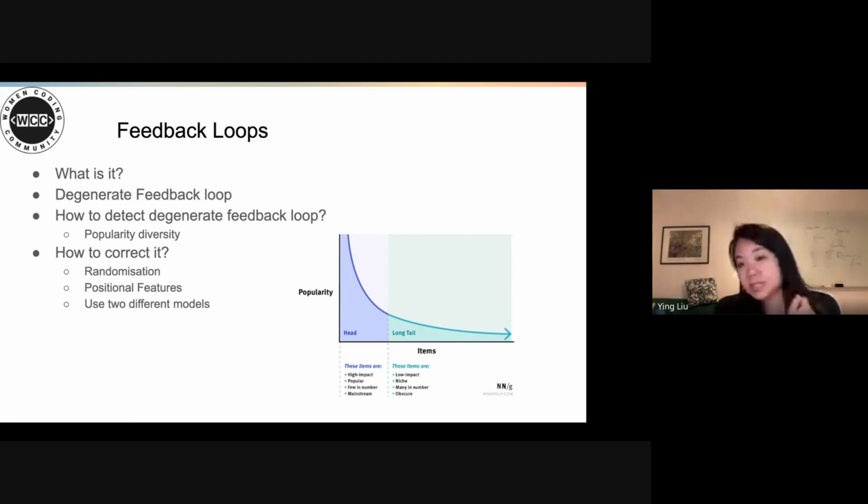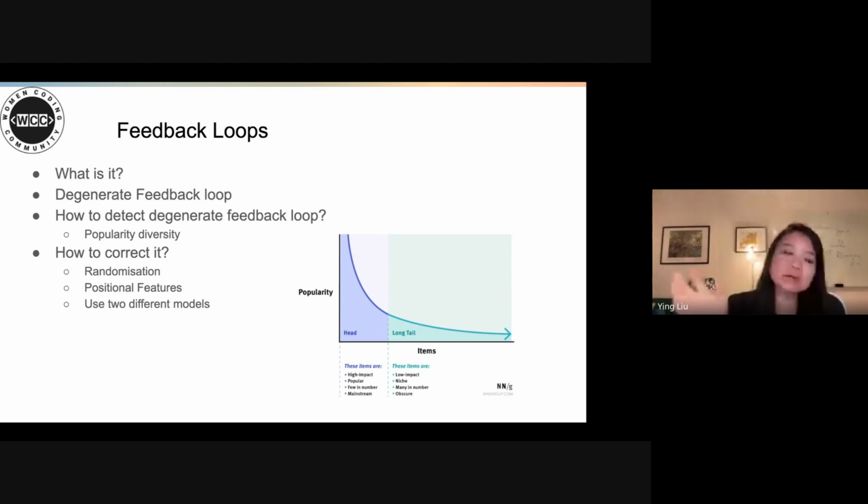Or we can put in a positional feature. We can say, okay, this is the top of the recommendation list. It can be binary, 1 and 0 or true and false, to say that this is actually very popular. Or you can put in a ranking score, and this will give the algorithm knowledge that there is a positional feature.